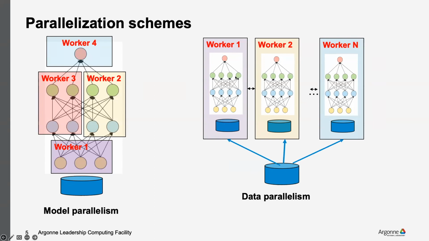Then during the training, they have to sync up the weights and gradients after each step. In traditional HPC, model parallelization is similar to task parallelization, and data parallelization is very common in traditional HPC simulation.